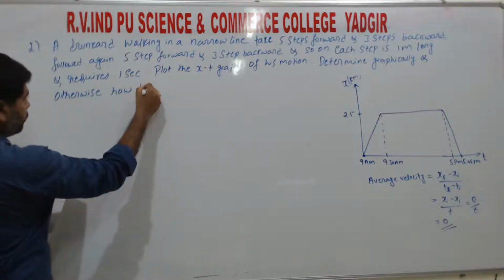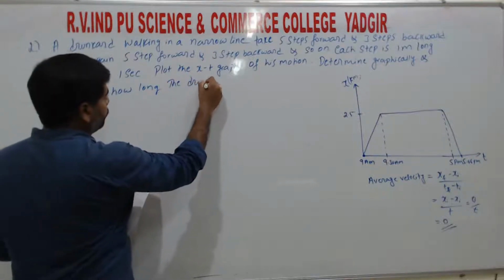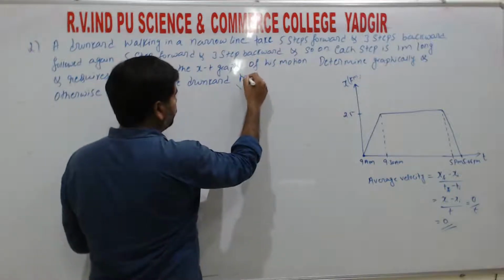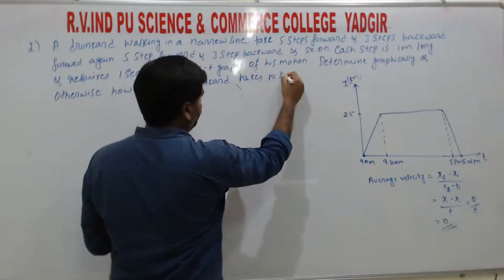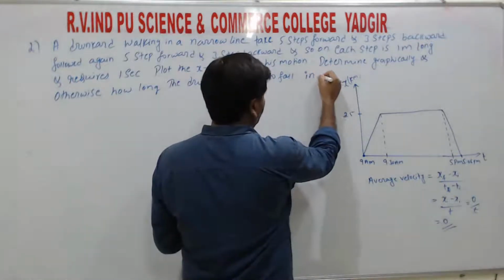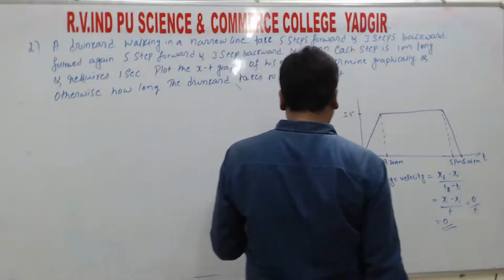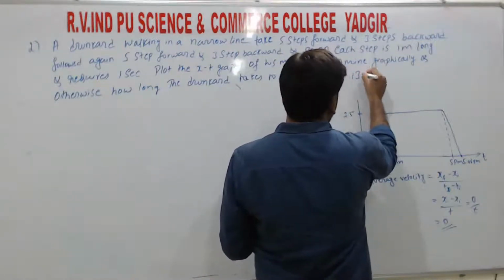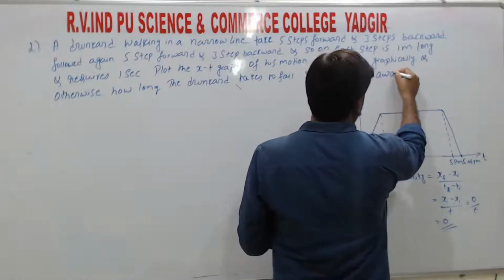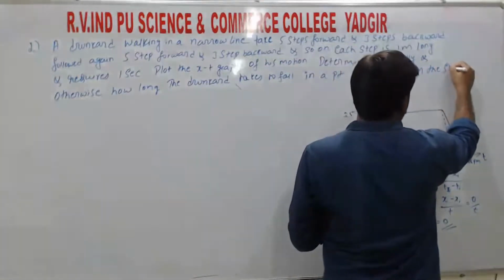how long the drunkard takes to fall in a pit 13 meters away from the start.